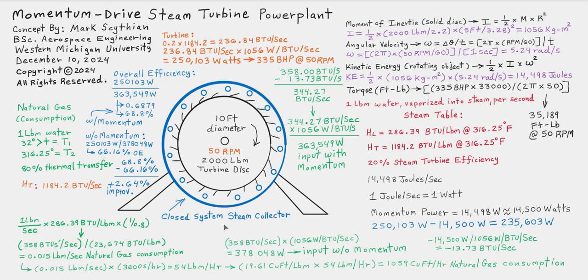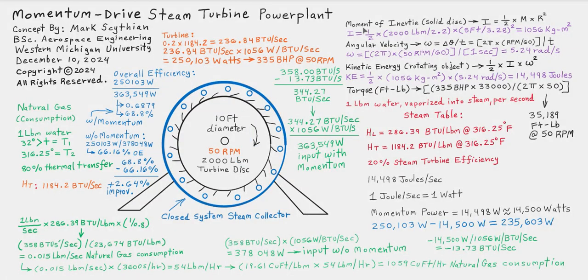So after this, we then focus on the structural characteristics of the steam turbine disc. And so we need to calculate 3 values. One is going to be the angular velocity of this large turbine disc.